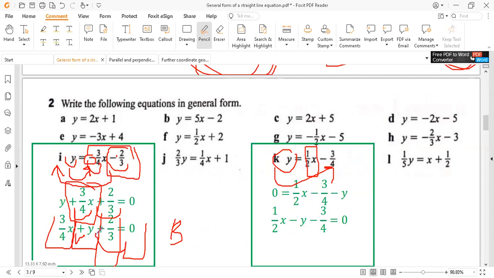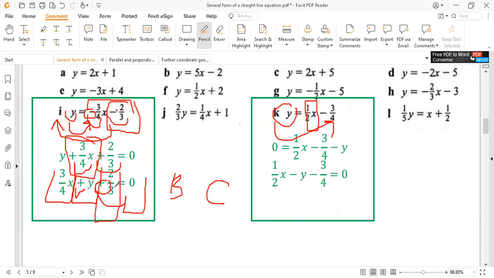It is not obligatory to have a plus here, because b might be negative, and also it is not obligatory to have a plus here, because c might be negative also. So we will obtain 3/4 x + y + 2/3 = 0. It is not the end.